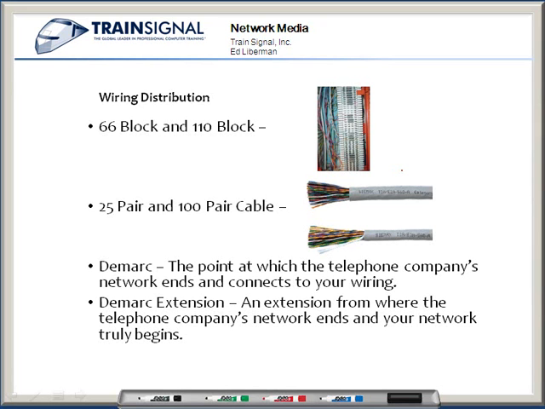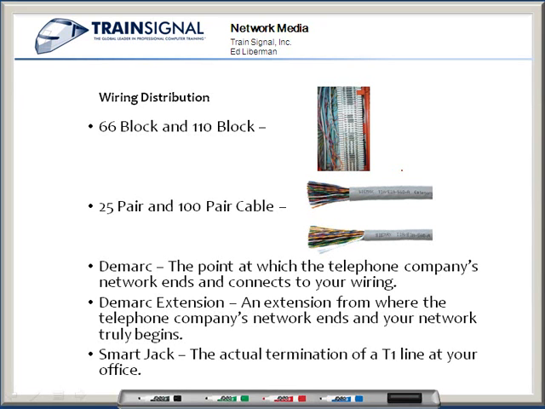And the demarc extension is when that exterior point where the telephone company's network ends, but maybe you're not distributing out to your network. Well, the demarc extension is this extra extension from the true demarc to where your distribution of your network begins. That would be probably the best way to put it.